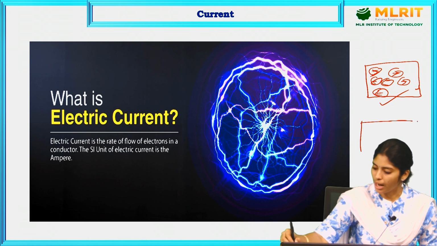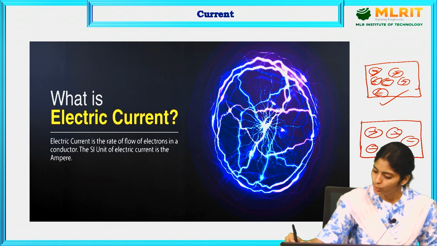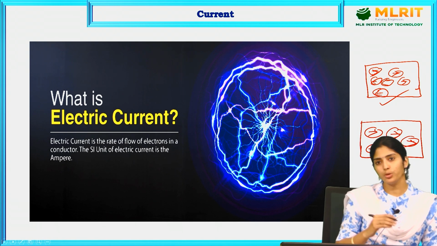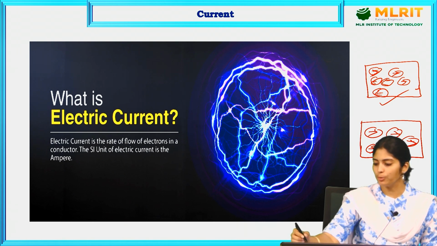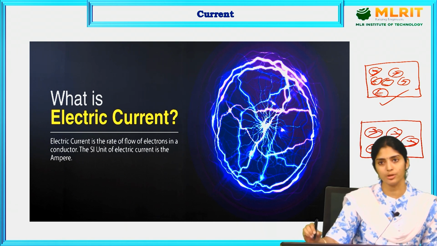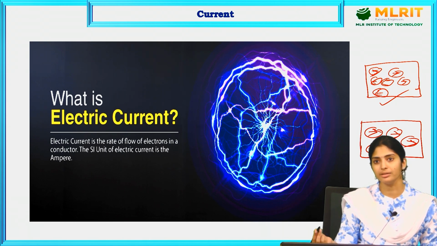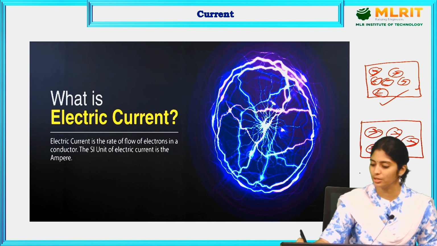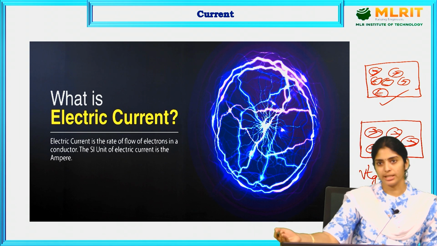Now I am forcibly making all these electrons move in a unidirectional manner, because only then can we determine the direction of current. That force which makes the electrons flow in one direction is called voltage, which I am going to discuss in the next slide.